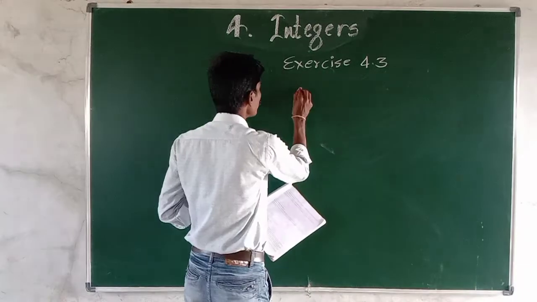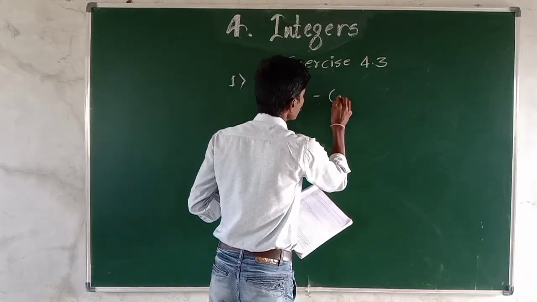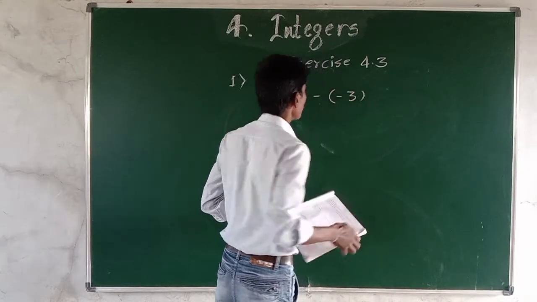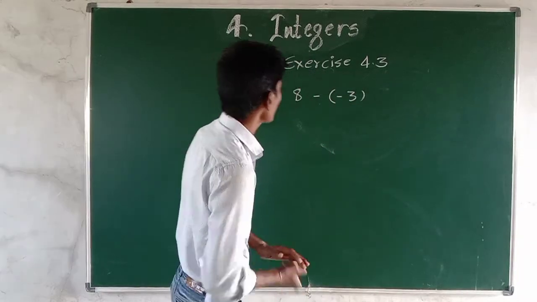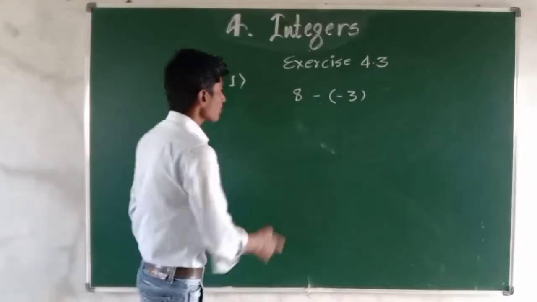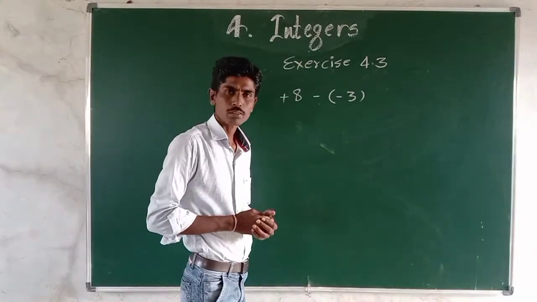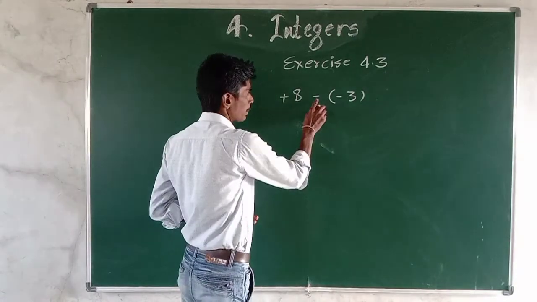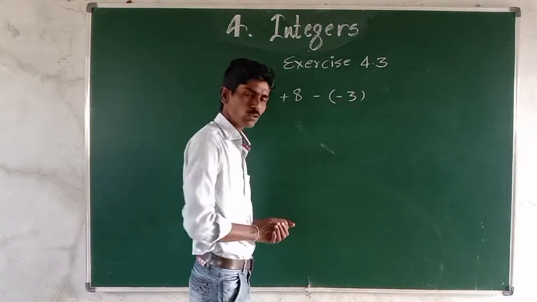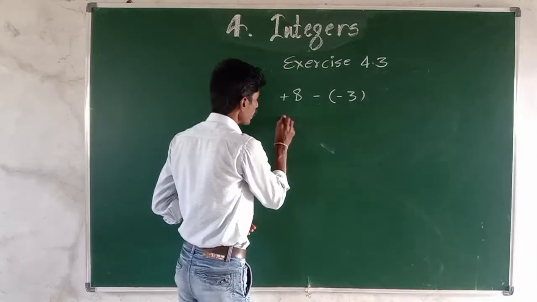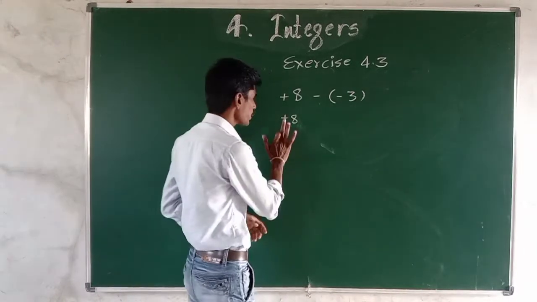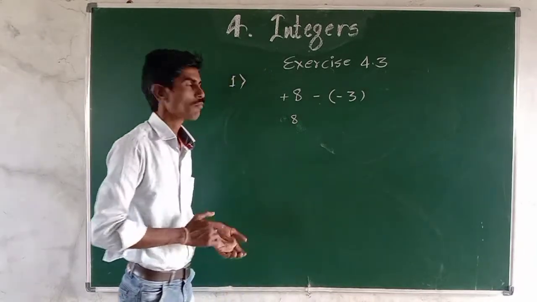So 8 minus, minus 3. Remember that there is no sign before 8, that's why it is plus. There is a minus in the bracket, and outside the bracket there is also a minus. So plus 8 as it is; there is no need to write this plus.